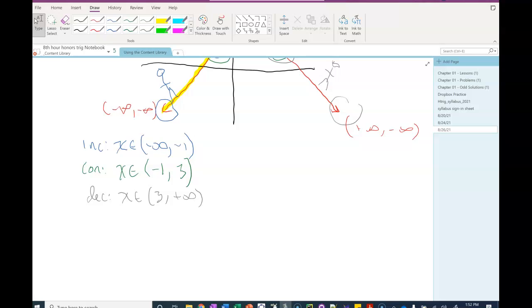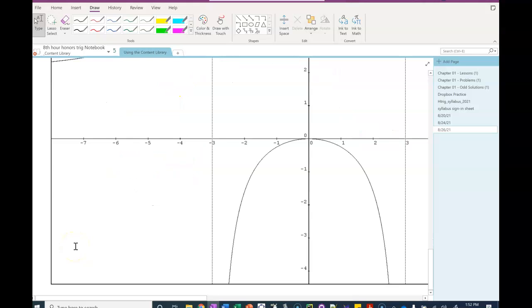So you can get used to what a test question might look like. Because I'm not going to hand draw a graph and put it on a test, because I can't be that neat. You know what I mean? Those of you with bad penmanship feel my pain.